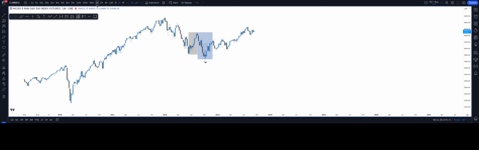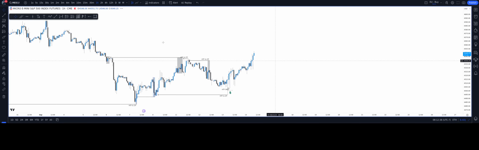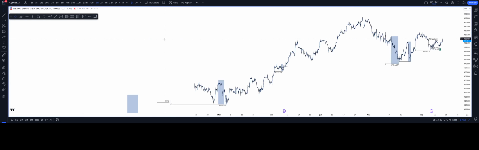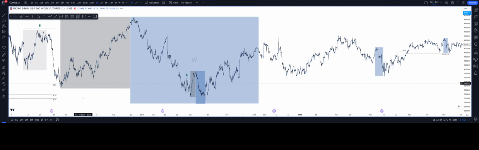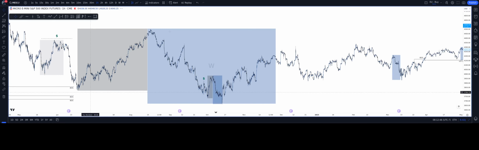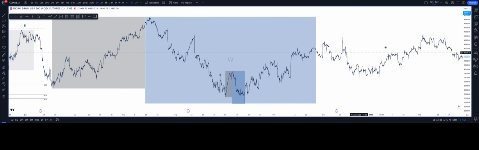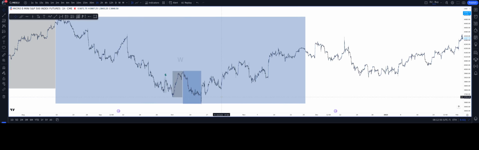Now it gets better. Okay, so if we just jump back down to the hourly, here's the weekly range, the weekly setup range that we've spotted. And as you can see at the very bottom, they did the exact same ending.